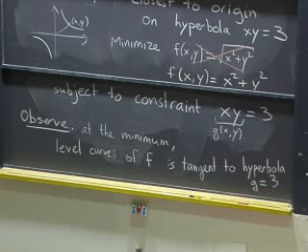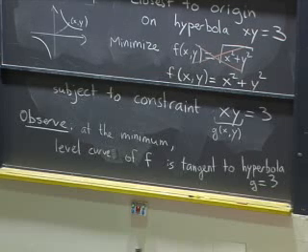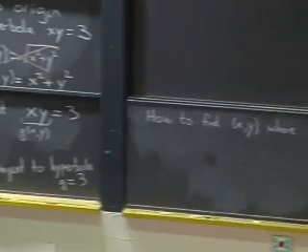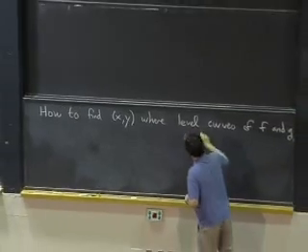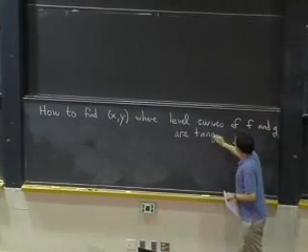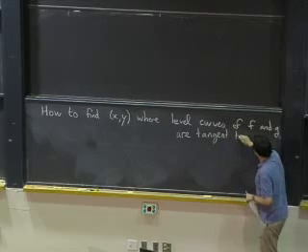So how do we try to solve for points where this happens? How do we find x, y where the level curves of f and g are tangent to each other?